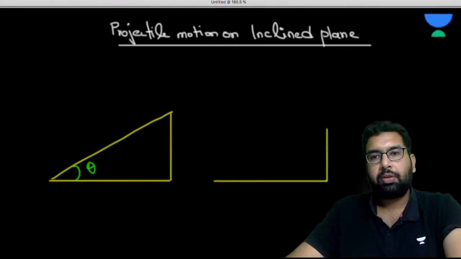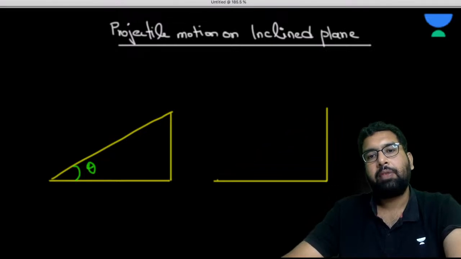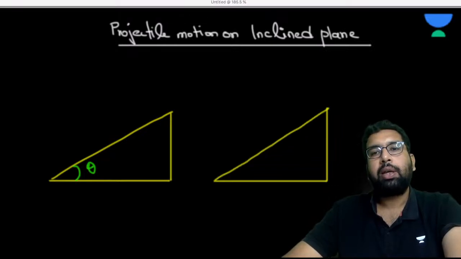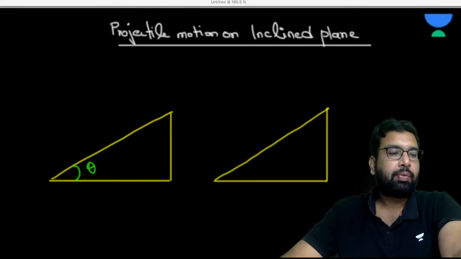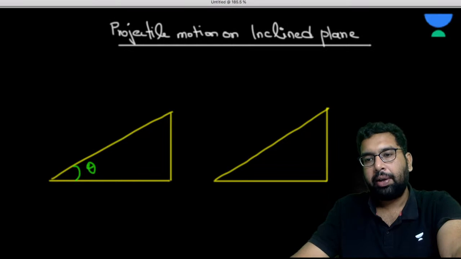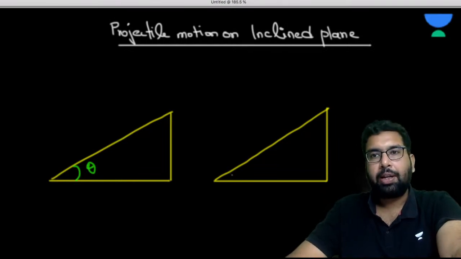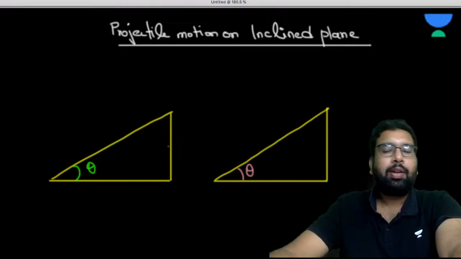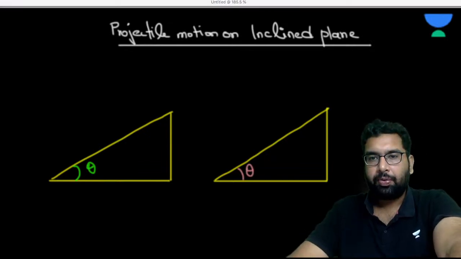After this session, I have planned another session of relative velocity in 2 dimensions. Relative velocity in 1D we have seen previously. Today at 5 p.m. I'll be completing relative velocity in 2D also. So we have 2 sessions today. And by the way, happy Diwali to you guys. Today is Choti Diwali, right? Happy Diwali to all of you.